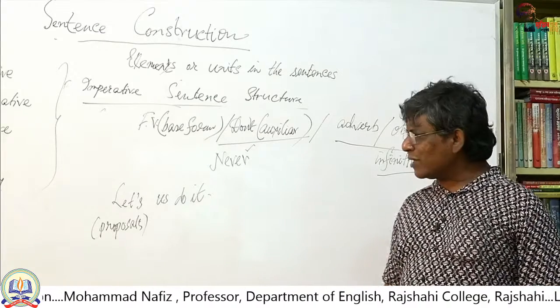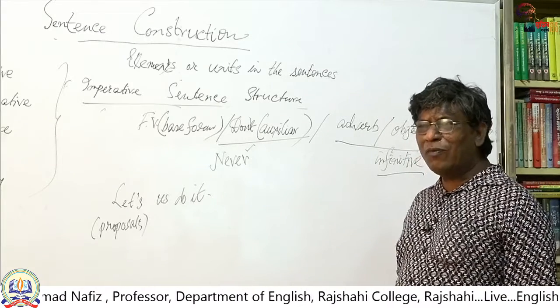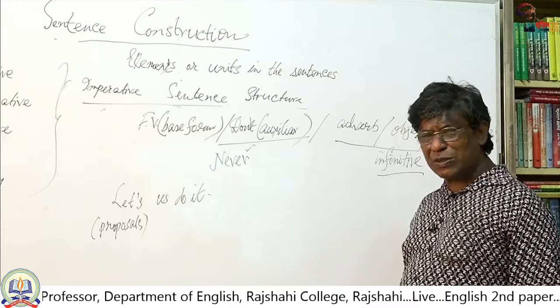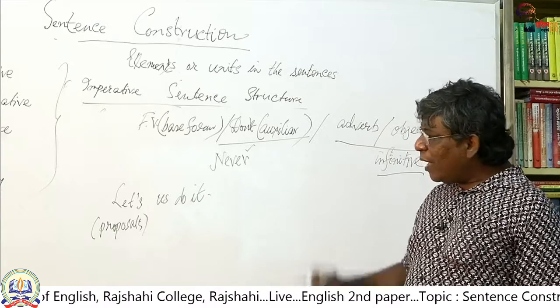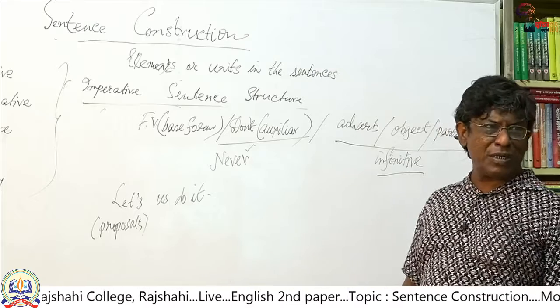When the subject is in the object form of the first person plural, let's or let us, the concept is not made clear.